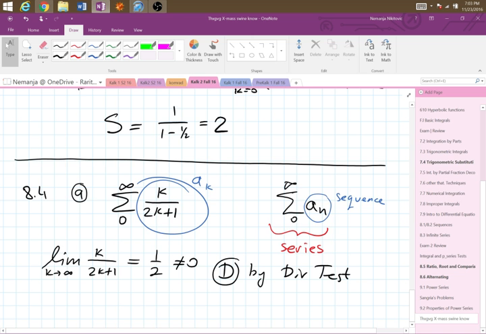Is it a u-sub? This is the first thing you try. If the sequence in the limit goes to anything but 0, the series is divergent and you are done immediately. So on your exam, at least one problem will do that.